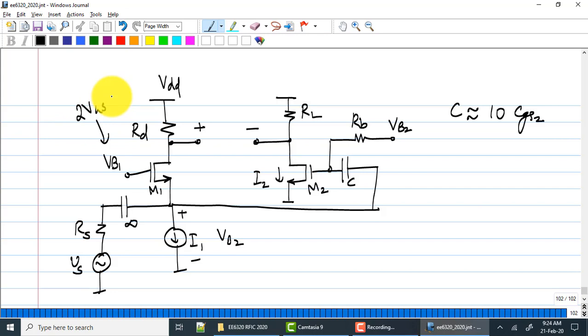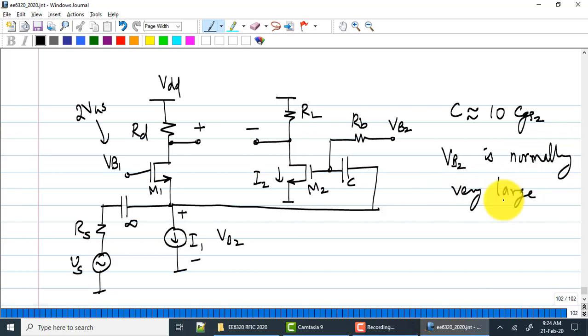Remember, look at M2. We are using a very small device and a very large current. What does that mean for VB2? It is VT plus VDSAT.